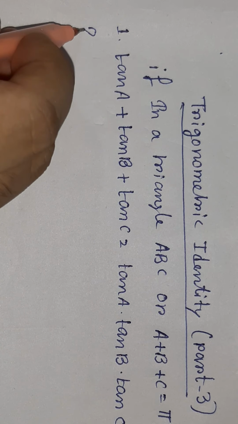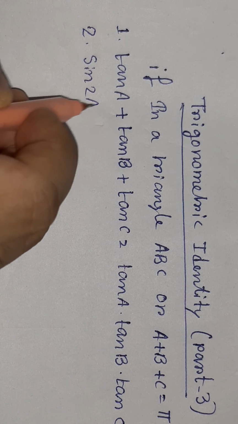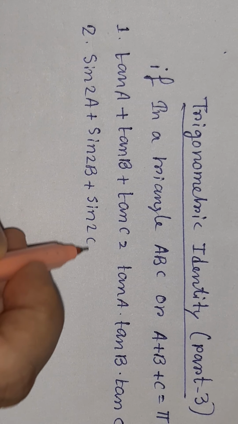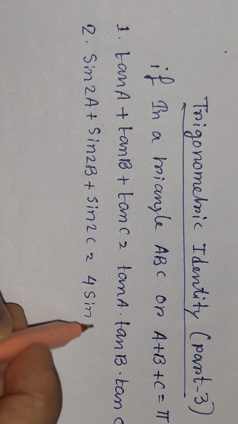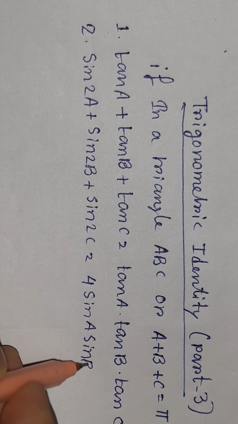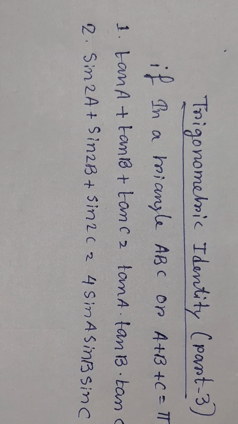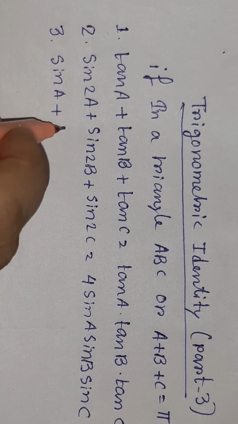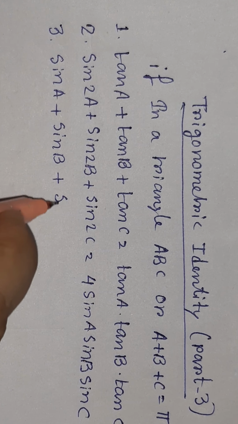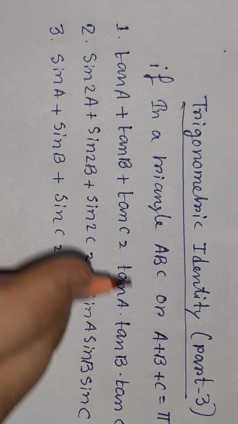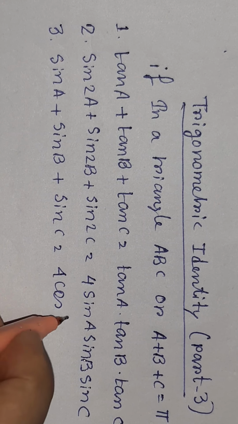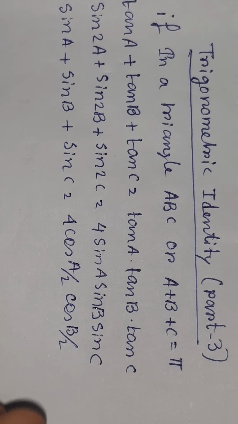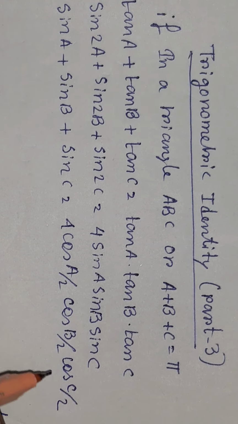Okay, and second is sin 2A plus sin 2B plus sin 2C is equal to 4 sin A sin B sin C. Okay, and sin A plus sin B plus sin C will be 4 cos A by 2 cos B by 2 and cos C by 2.